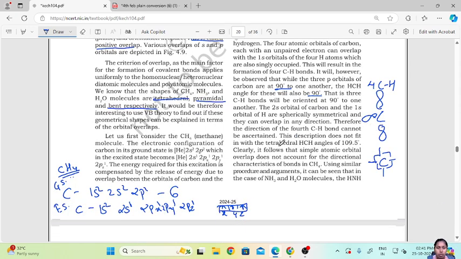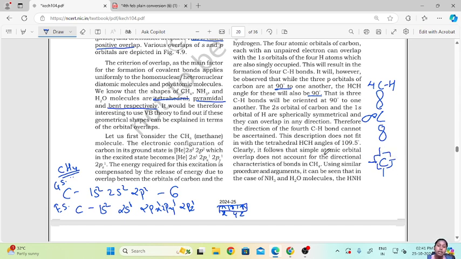This description does not fit in with the tetrahedral HCH angle of 109.5 degrees. So here you cannot predict the bond angle of HCH as 109.5 degrees, because you cannot predict where the 4th bond will be formed.